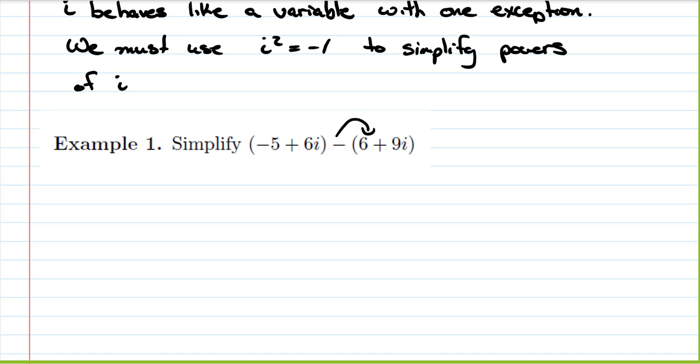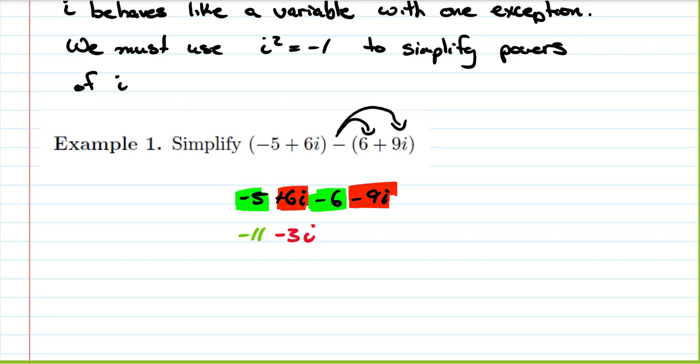Well, I'm going to simplify this just like I would if I was an x. I distribute my minus sign into my parentheses. So I get negative 5 plus 6i minus 6 minus 9i. And then I have my like terms. So I have my negative 5 and my negative 6, which would give me negative 11. And then I have my other like terms. I have 6i take away 9i. So 6 take away 9 is negative 3i. And that would be my solution.